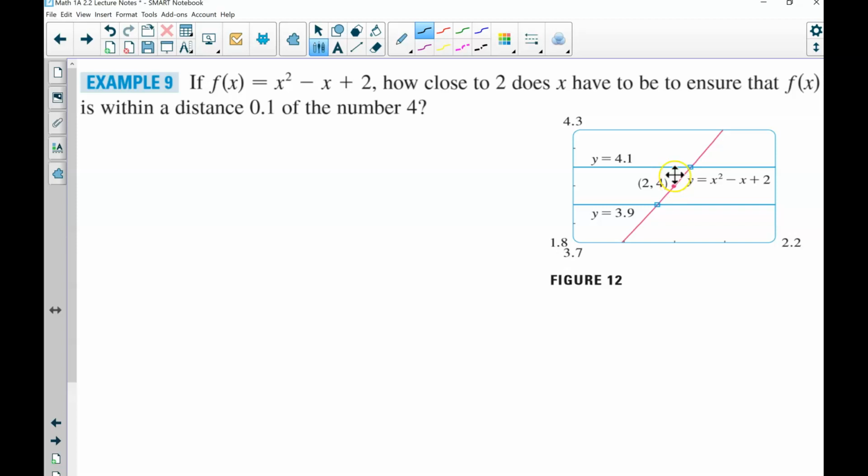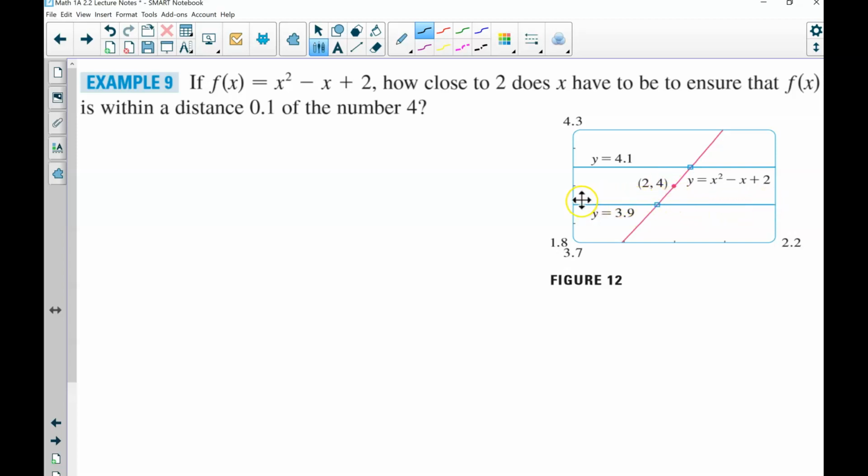Above 4 is the value of 4.1, and we create a horizontal line because that's within a distance of 0.1 above 4. And below 4, again within a distance of 0.1, 4 minus 0.1 gives you 3.9.